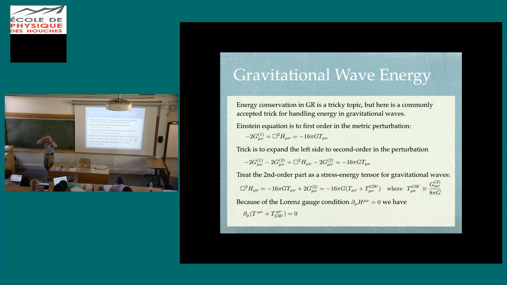This is such a hard topic for the reasons that I talked about before. We really can't talk very easily about conservation of energy in general relativity as a whole. But in this particular case, we can do a trick that satisfies all our intuition about how this ought to work.